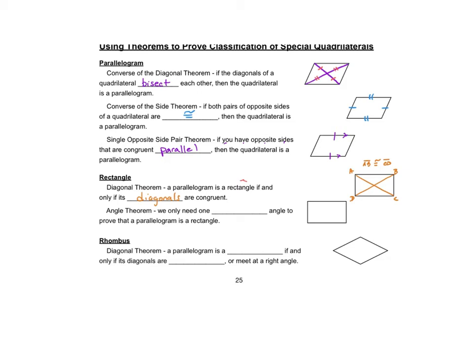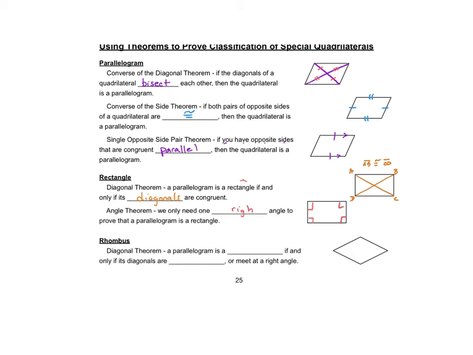For the angle theorem, we only need one right angle to prove that a parallelogram is a rectangle, because if we have one right angle, we talk about same side interior angles totaling 180 degrees, and opposite angles being congruent. So once we have one 90-degree angle, there's a lot of information that we can fill in, providing the remainder of those angles.